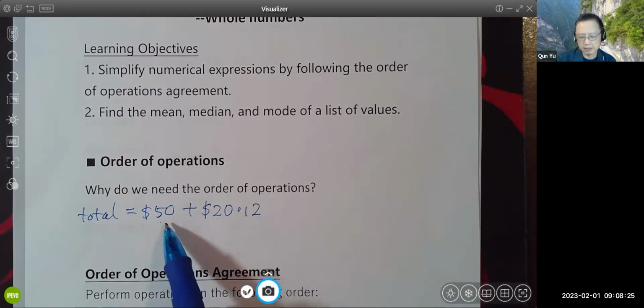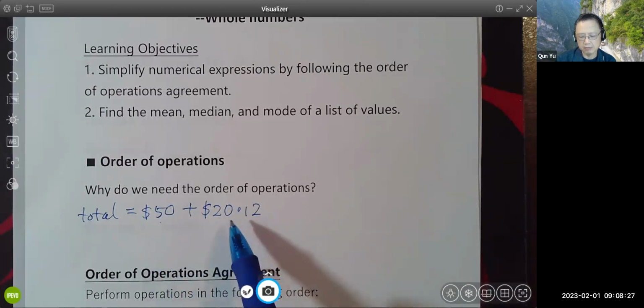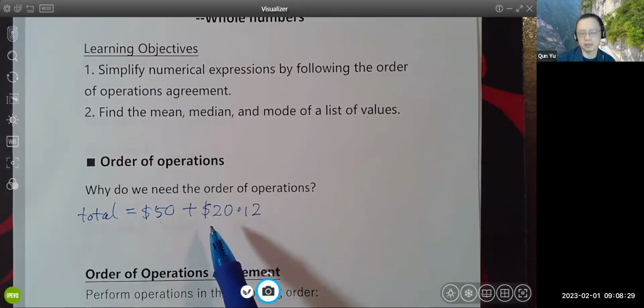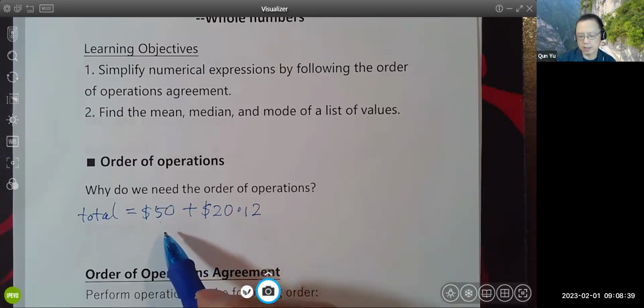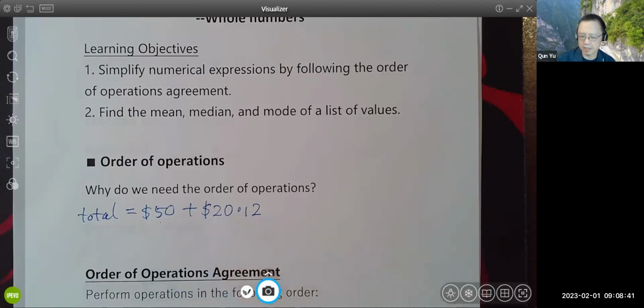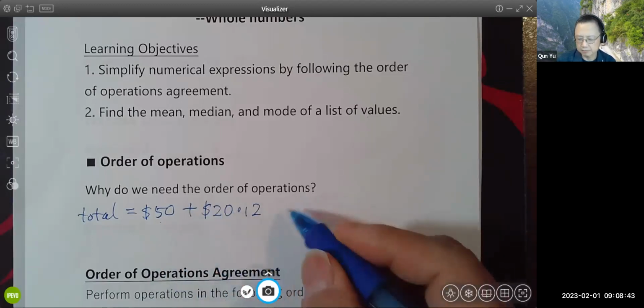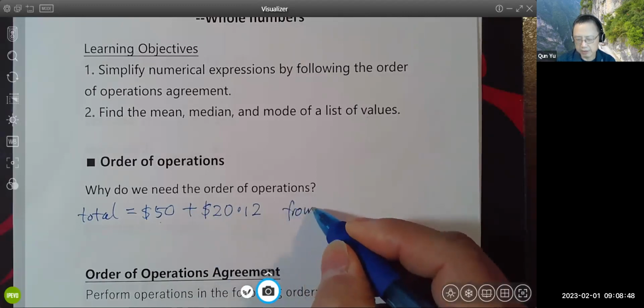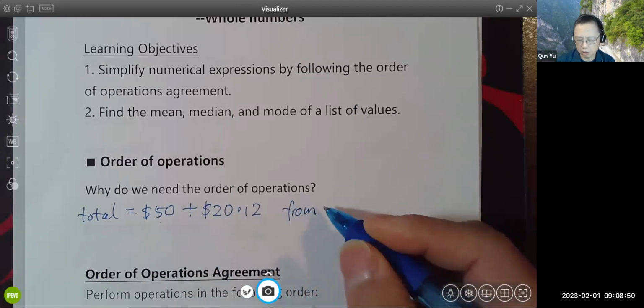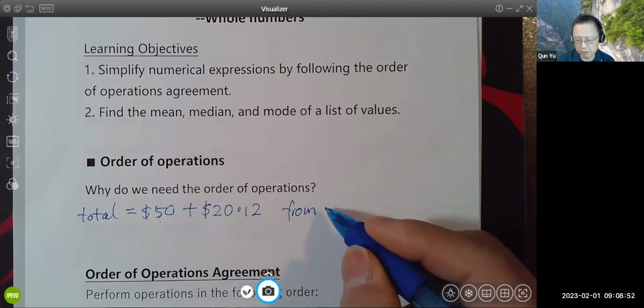If you look at this expression, we have two operations in it. One is addition, one is multiplication. If we don't consider the order of operations, we just go ahead and do the calculation from the left to the right.